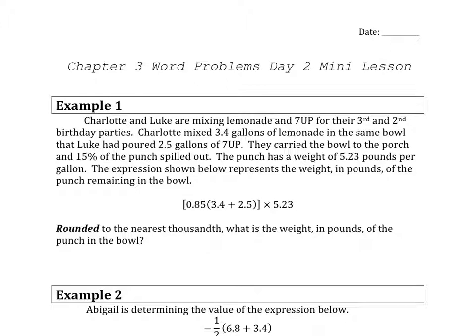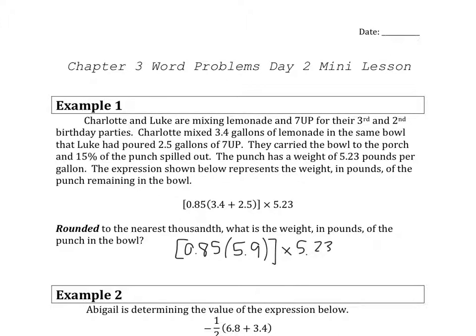So I'm going to do this order of operations. I'm going to start with parentheses, and I'm going to go to the innermost parentheses, where the 3.4 and the 2.5 are. So I'm going to rewrite this, and add the 3.4 and the 2.5. If you hear me clicking, it's because I'm using a calculator, just like you should be. And we have 5.9. And then times 5.23.